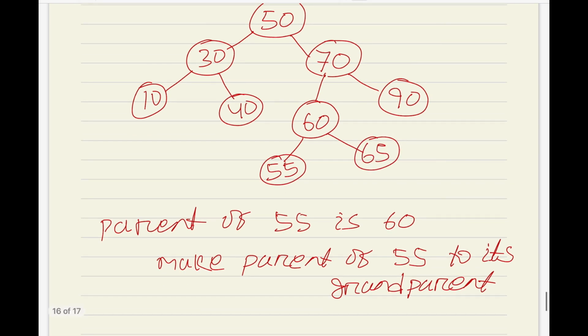Okay. Now suppose we want to delete 70. So we want to delete this node 70. You can consider 70 has two children: one is this left subtree and another is this right subtree. So let me remove this part.